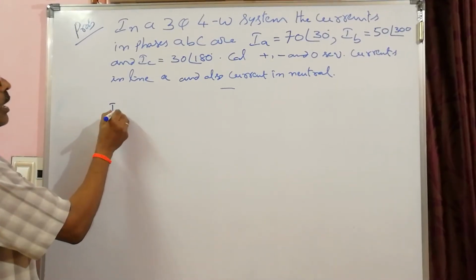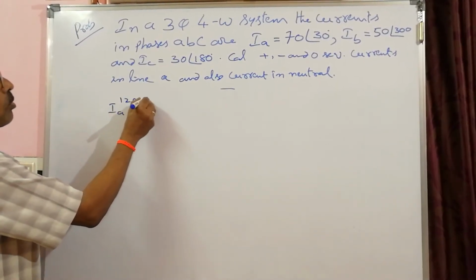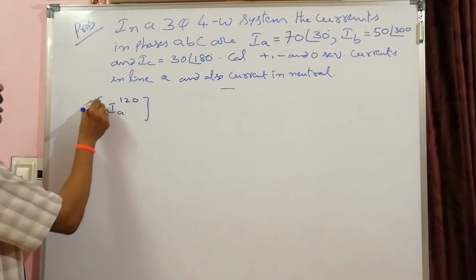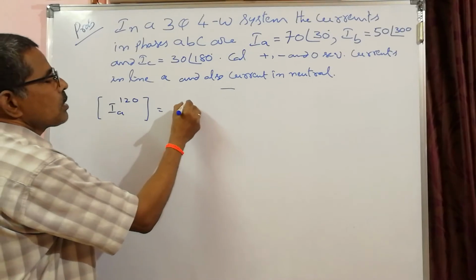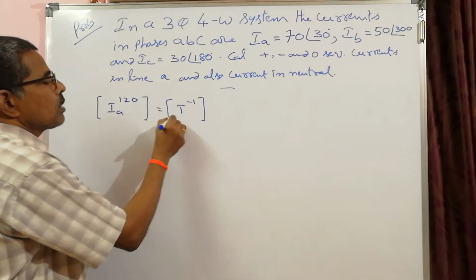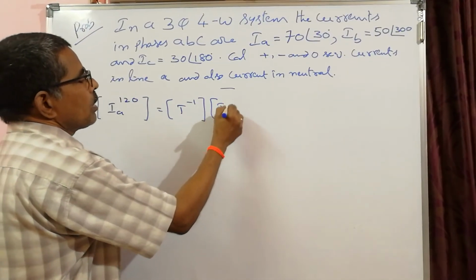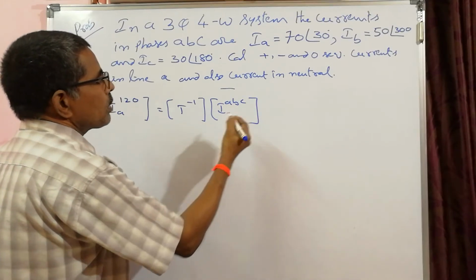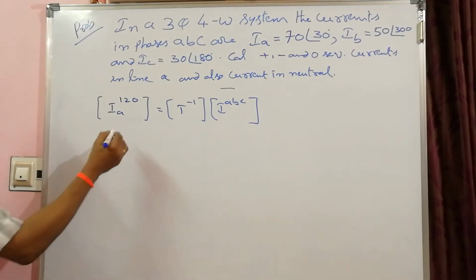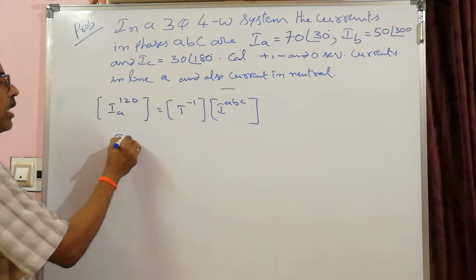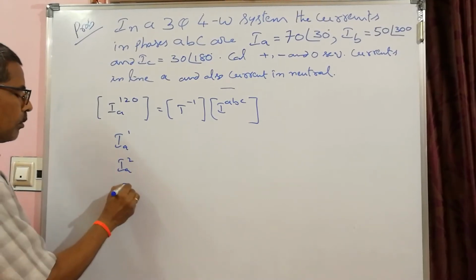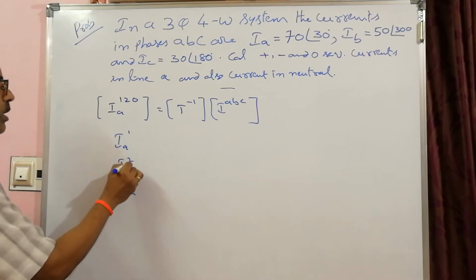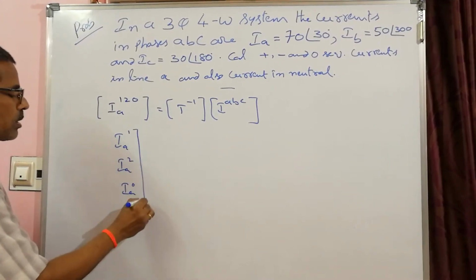How do you get it? It is T inverse times IABC, is it not? Which means IA1, IA2, IA0, the positive sequence, negative sequence and zero sequence currents.